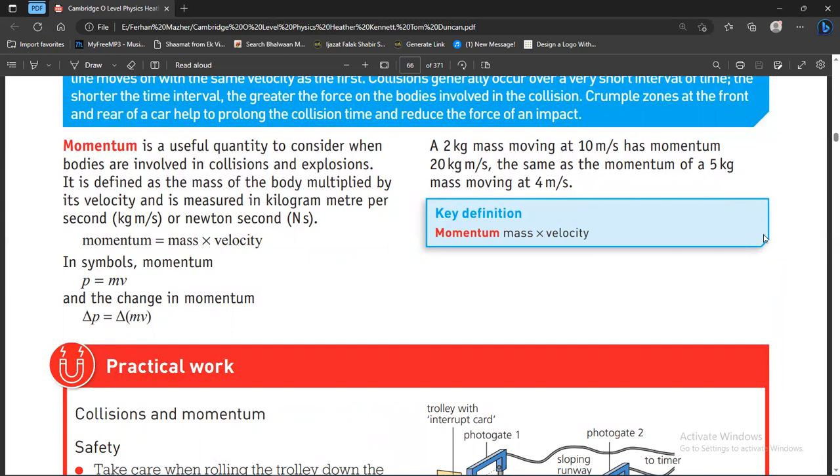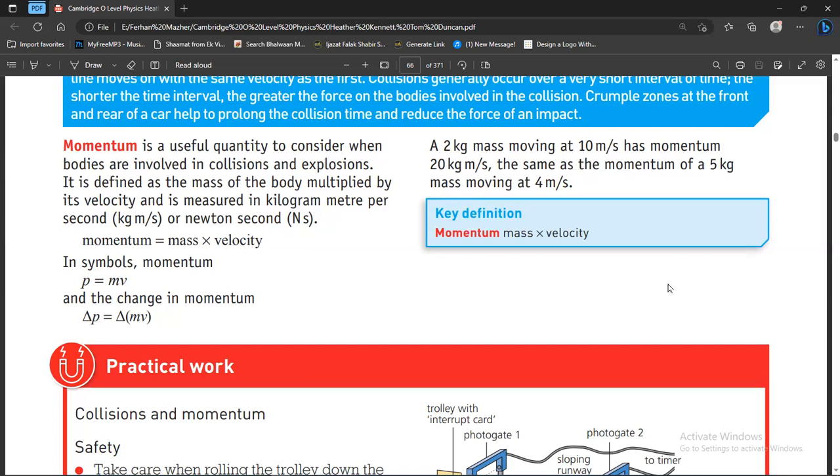Momentum equals mass multiplied by velocity. In symbols, p = mv, and the change in momentum is the change in the product mv.